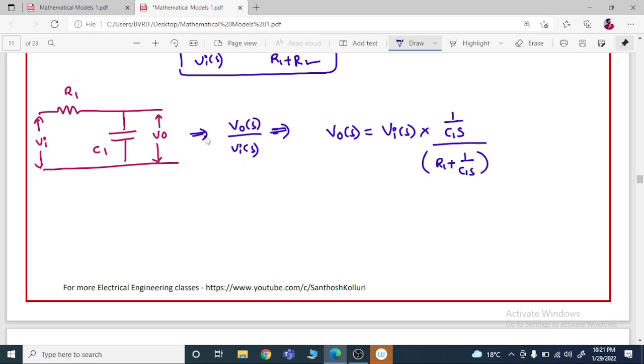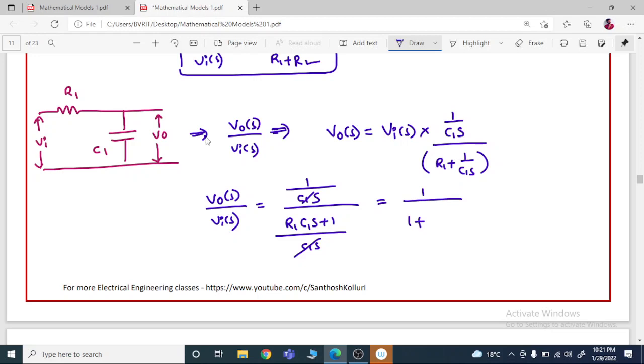By simplifying this, we will get the transfer function like 1 by C1 S divided by R1 into C1 S plus 1 by C1 S. This will be cancelled out and the remaining will be 1 by 1 plus S into RC.